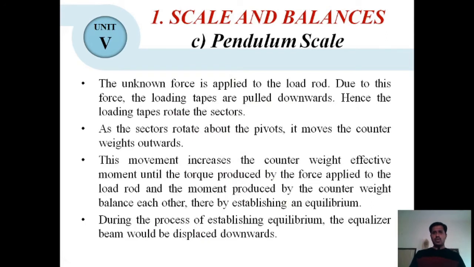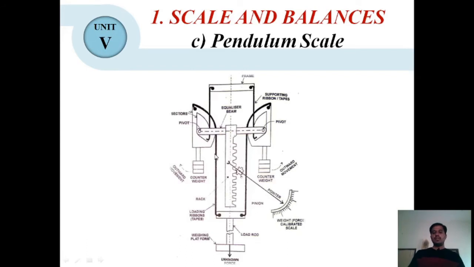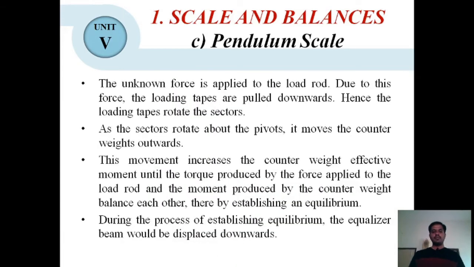Here we will apply the unknown force. Due to this force, the loading ribbons are pulled downwards, hence the loading tapes rotate the sector. Since the other ends of the loading ribbons are connected to the sectors, the sectors will try to rotate in their respective directions.